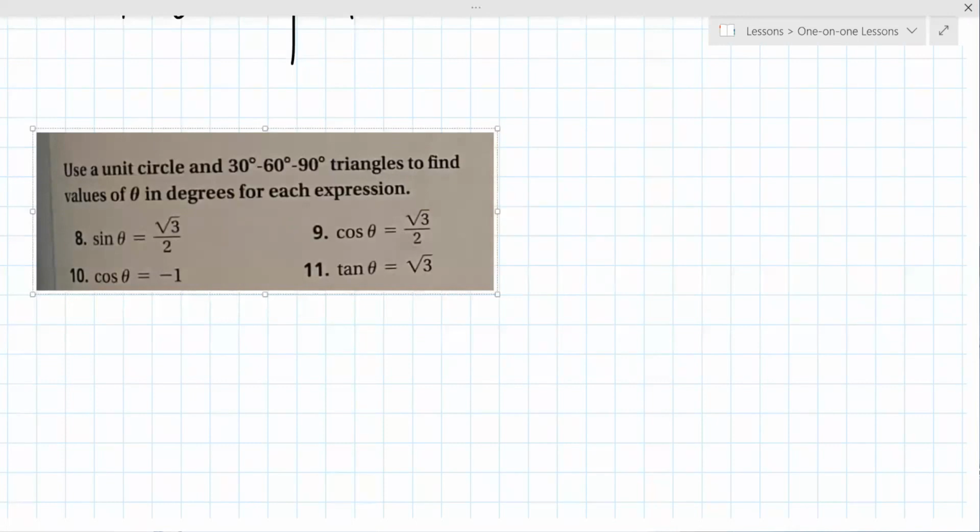Let me grab that real quick. All right, so I'm going to snip this in here. Hopefully this isn't too big.